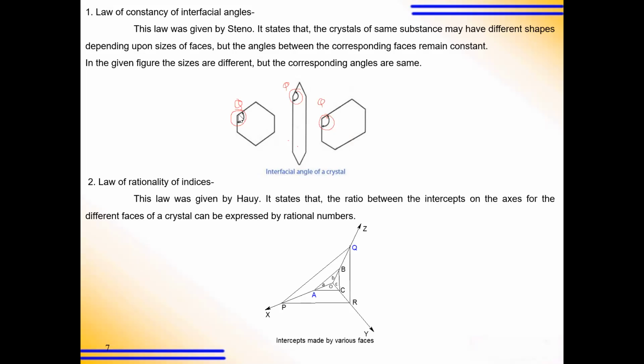These two interfaces intersect each other and make one angle, which is called the interfacial angle. This angle is constant even though the shape changes for the same substance. This is called the law of constancy of interfacial angle.